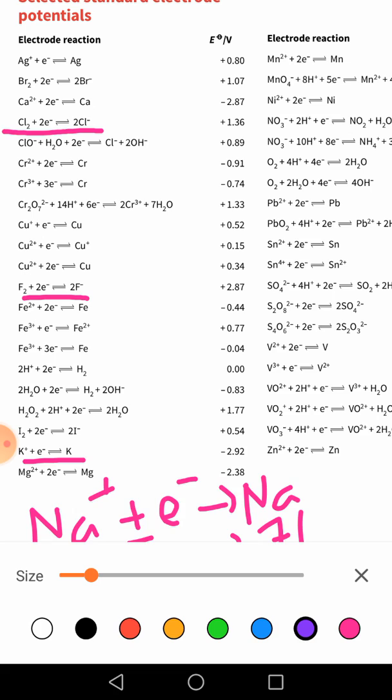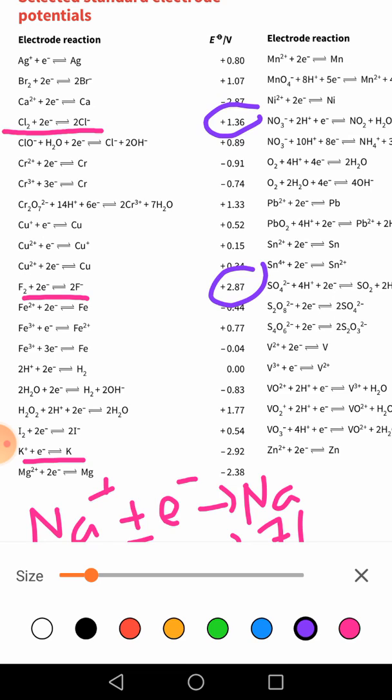Okay, so the electrode potential value of chlorine is 1.36 and the electrode potential value of fluorine is plus 2.87. So fluorine has a higher electrode potential value than chlorine. So fluoride is easier to reduce and chloride is harder to reduce.